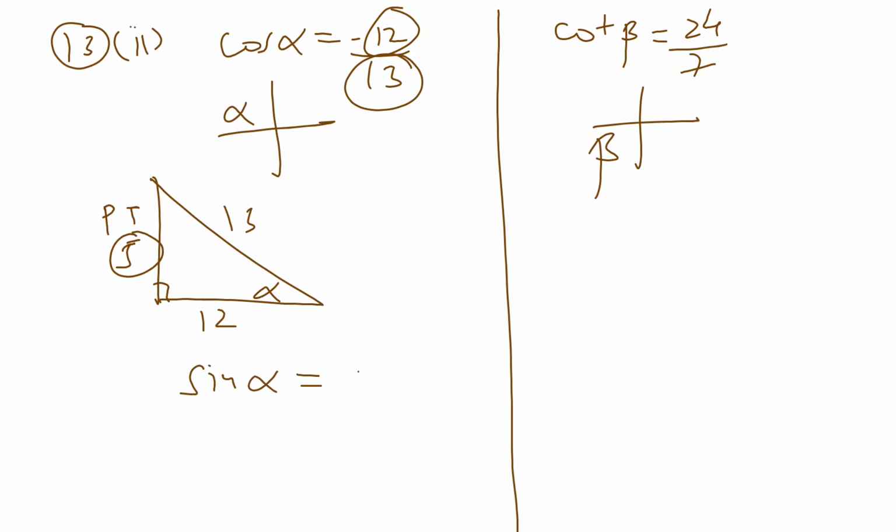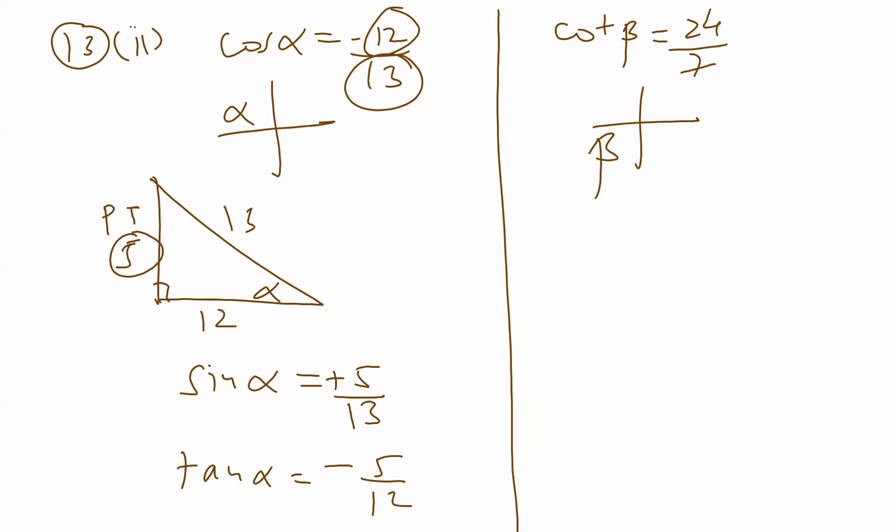Sin alpha will be opposite upon hypotenuse, and it will be positive because alpha is in the second quadrant. Also calculate tan alpha. Let's see whether it is required elsewhere or not, but sin, cos and tan should always be ready. So tan alpha is equal to opposite upon adjacent, that is 5 by 12, but then tan will be negative because it is the second quadrant.